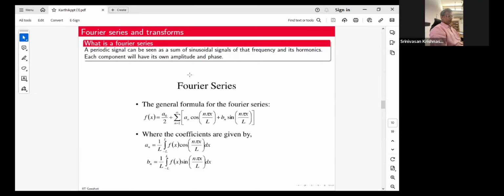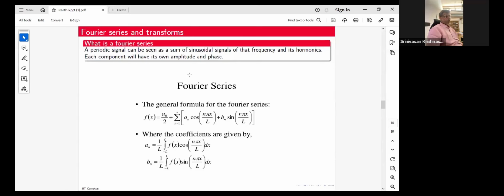When he was studying vibrations of strings, he built this theory of Fourier series and transforms. Fourier's theorem in mathematics was that any periodic signal can be seen as a sum of sine waves having the same period as the particular periodic signal, and all its harmonics.